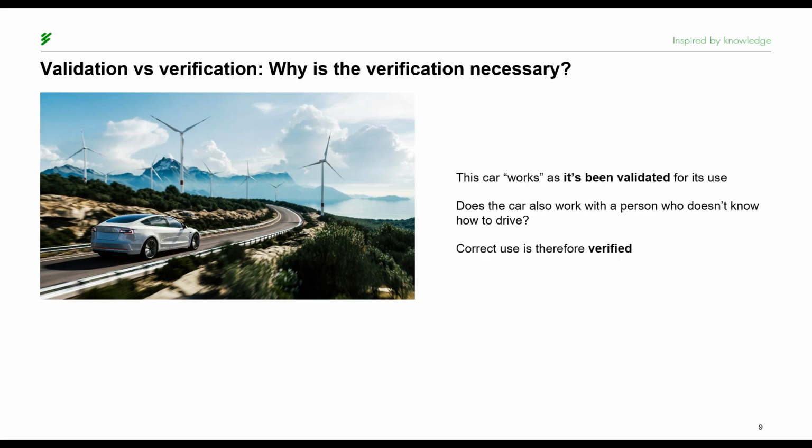To answer, I have here a very practical example with which I think the reason will be perfectly understood. Here we can see a car, and a person with a license. So we presume that they know how to drive, will get in and will be able to use it perfectly after becoming familiar with the model, etc. So there will be no problem with the car since its use has been validated.